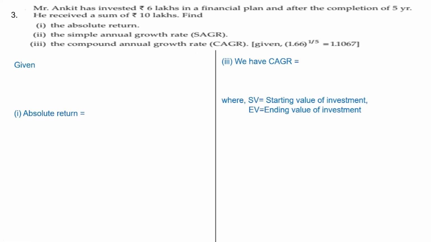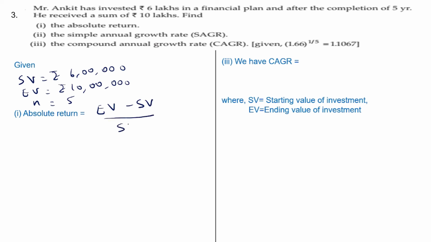So first, let us write what is given. Starting value is rupees 6 lakhs, ending value is rupees 10 lakhs, and n is 5 years. Absolute return is nothing but the current value minus cost of investment upon cost of investment, or ending value minus starting value upon starting value, into 100.